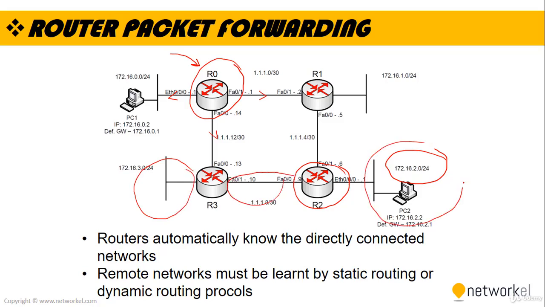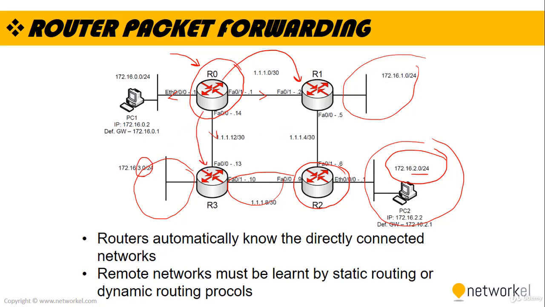So what I'm gonna do is go to this guy and configure something saying that, hey router 0, if you want to communicate with the network 2.0, send your packet to, for example, here. Or if you want to communicate with 3.0, send your packet to here.